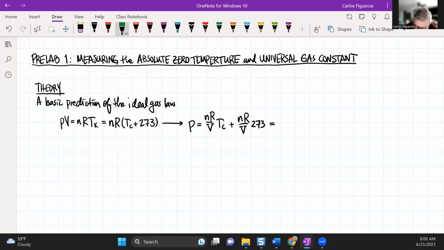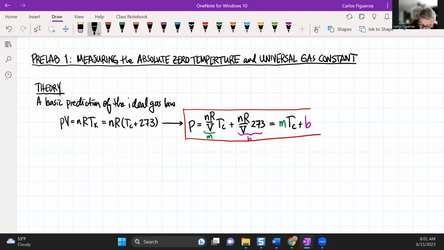We want to set this up as a line where we have a slope given by this quantity right here, and an intercept given by this quantity right here. We want to use this to plot this line in Google Sheets or Excel.